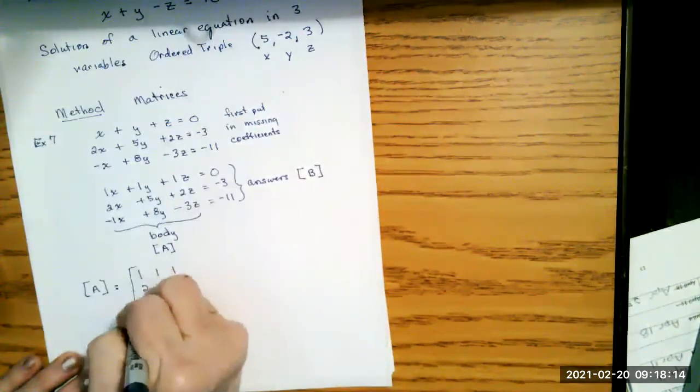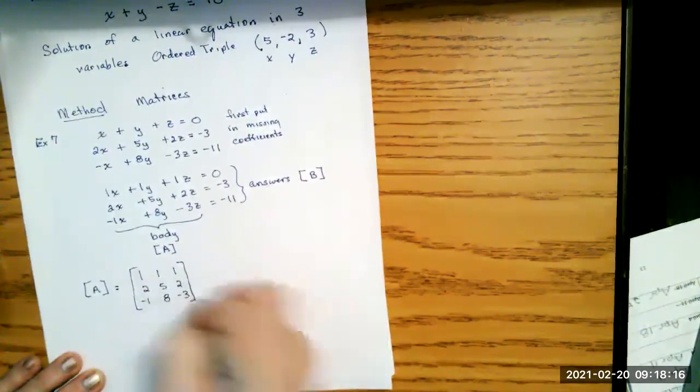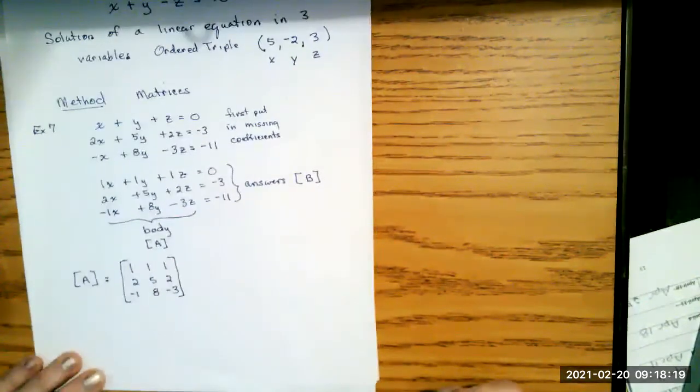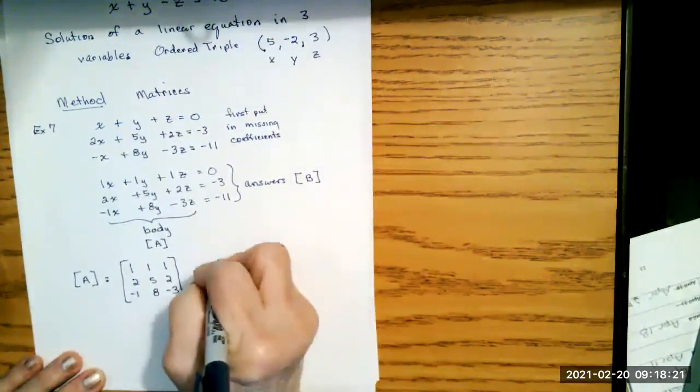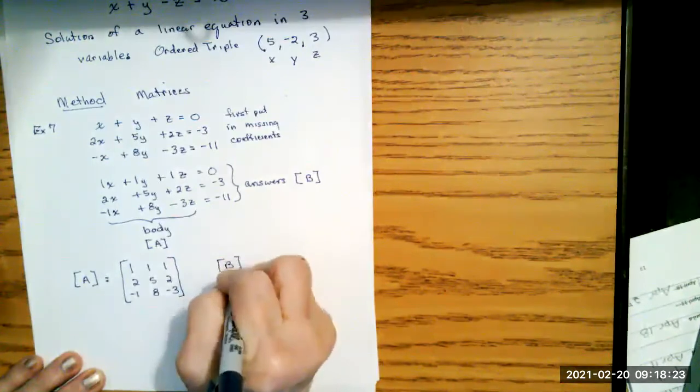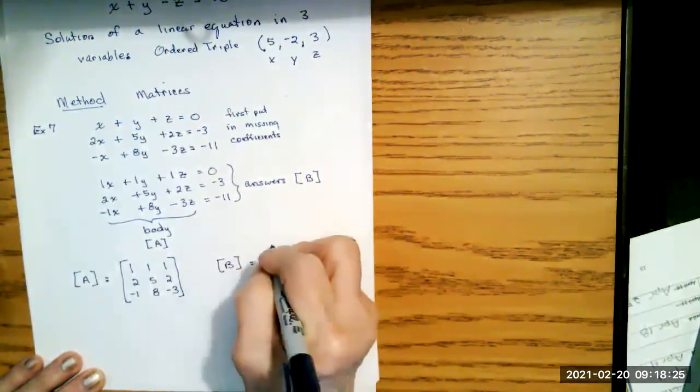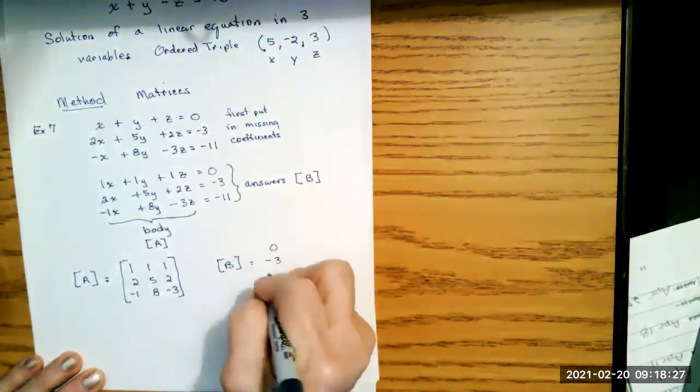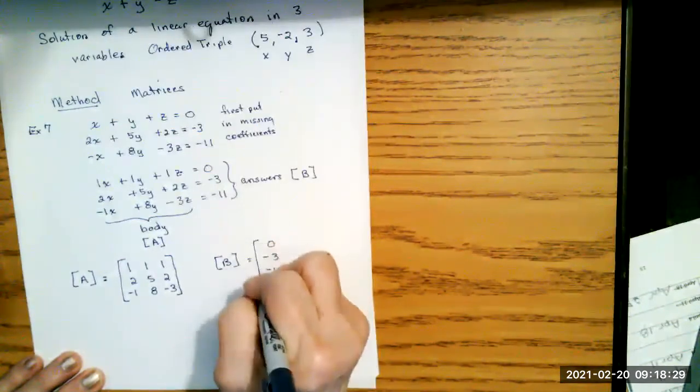Notice that I didn't put in the x's, the y's, or the z's. I just used the coefficients. For the answer matrix, I have 0, -3, -11.